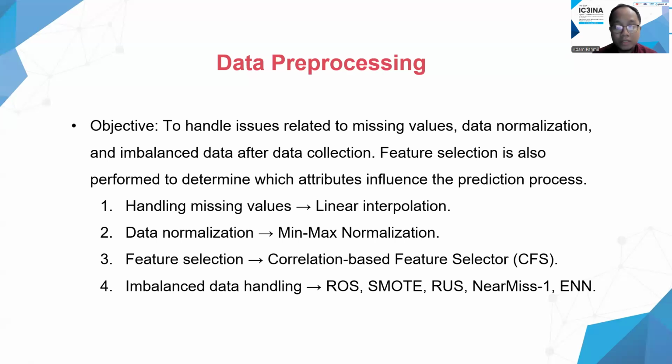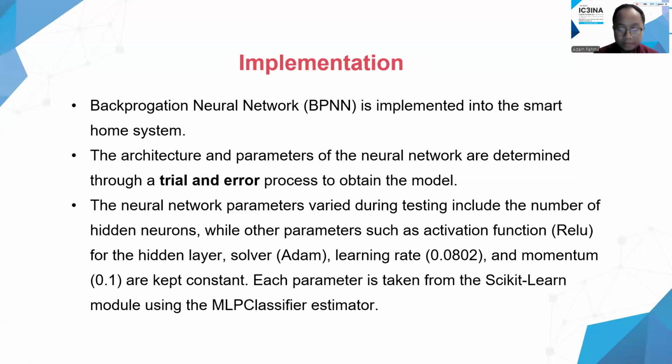For handling missing values, we use linear interpolation, and for the data normalization, we use min-max normalization. For the feature selection, we use correlation-based feature selector, or we call it CFS. And for the imbalance data handling, we compare between ROS, SMOTE, RUS, NearMiss-1, and ENN.